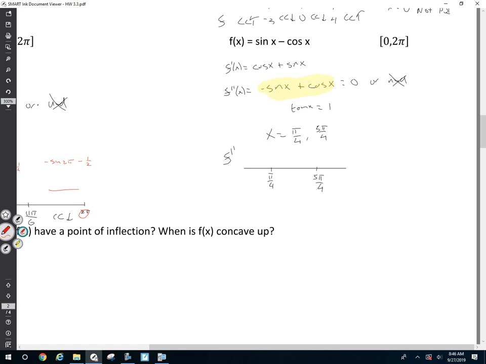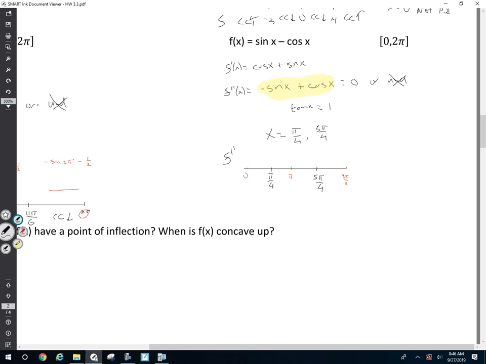Pi over 2, pi, between pi over 4 and 5 pi over 4 is pi. 3 pi over 2 if we wanted to. 0 is fine because our next solution would be at negative 7 pi over 4 if we went the other way. No, it'd be negative 3 pi over 4.